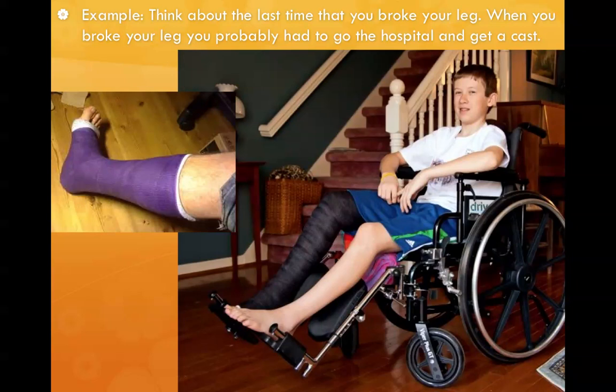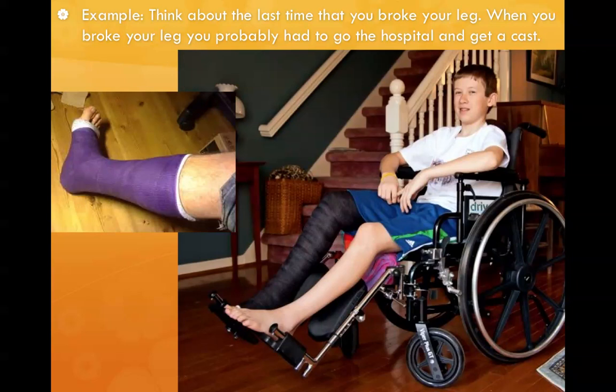However, you are saying, think about when you broke your leg. What if the reader never broke his or her leg? Well, then you are excluding those readers. You're asking them to draw on experiences that they don't have. So let's think of another example. If you were to say, someday you might get pregnant, well, that automatically cuts your audience in half.